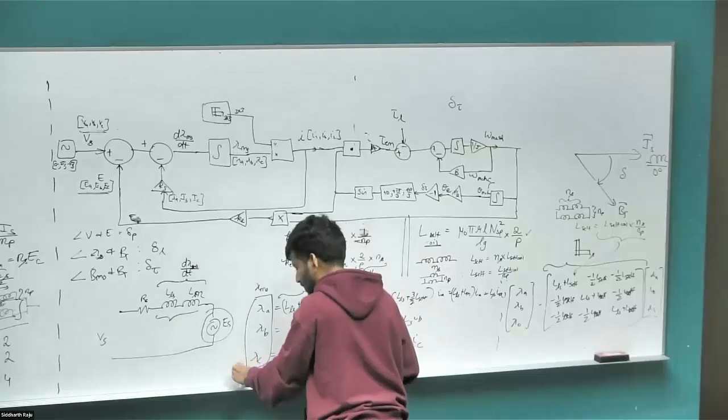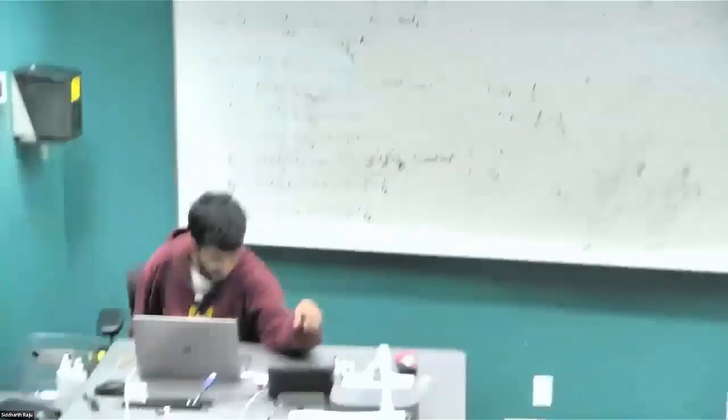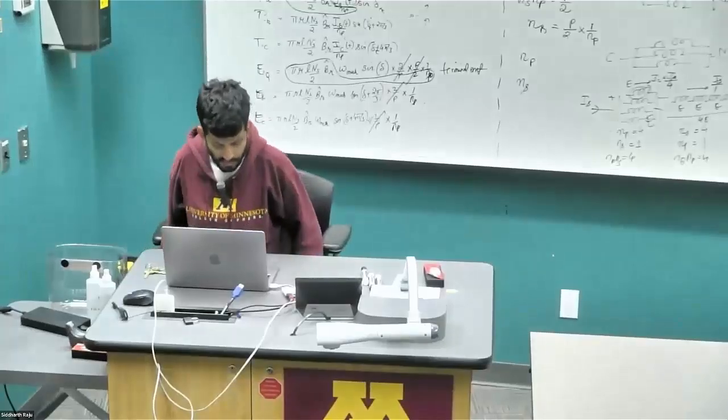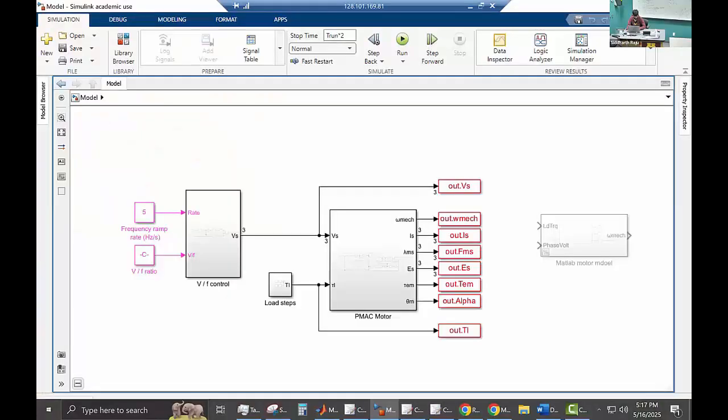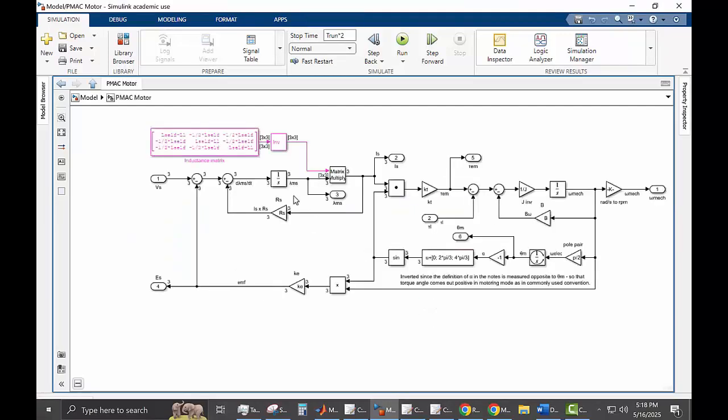Let's quickly look at the Simulink model that I have uploaded and just make sure it matches up with the diagram that I have on the left there. Okay, so here is the motor model. If you double click on this model, you should see the exact same equation that I've written down there.